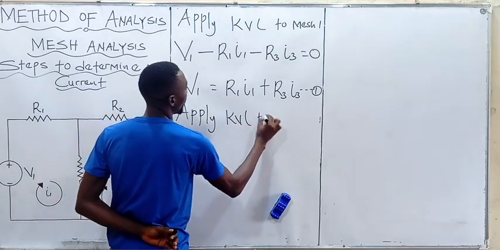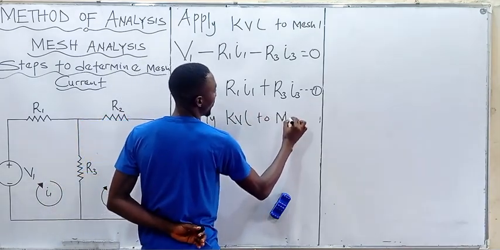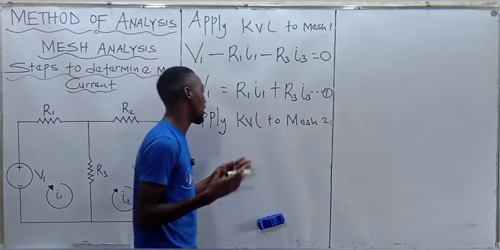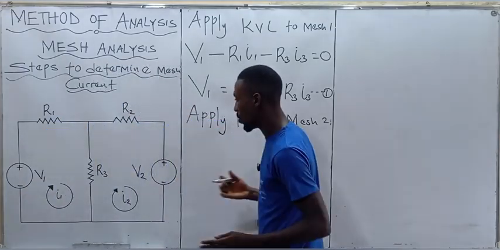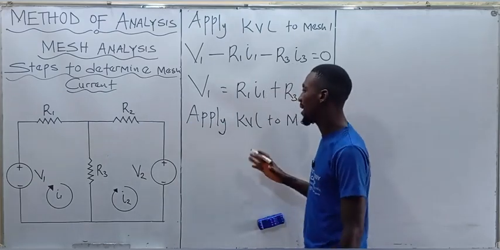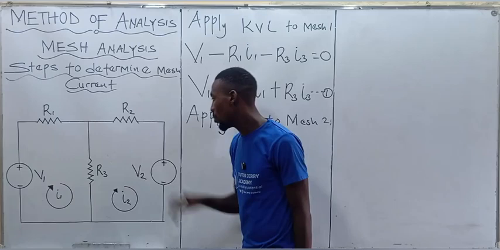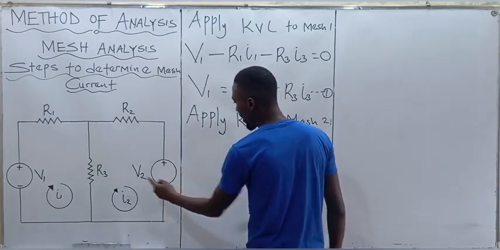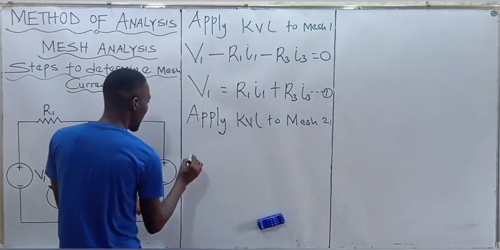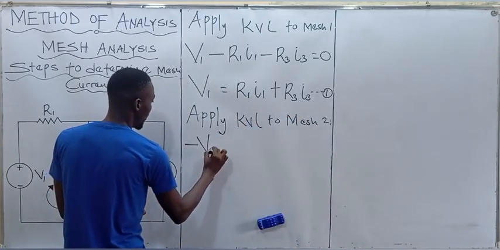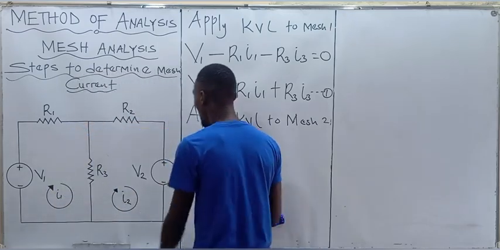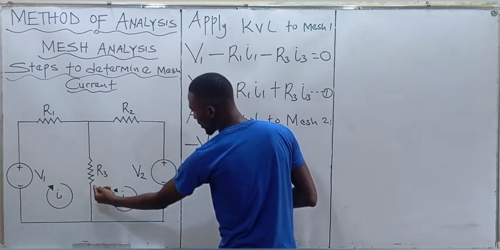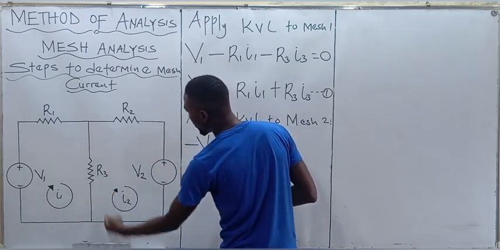Now apply KVL to mesh 2. We are going to apply Kirchhoff Voltage Law to mesh 2. If you look at this second mesh, we are moving from positive to negative, right? So here we are going to have negative V2. Again, we are moving from positive to negative, and our current is flowing in this direction.